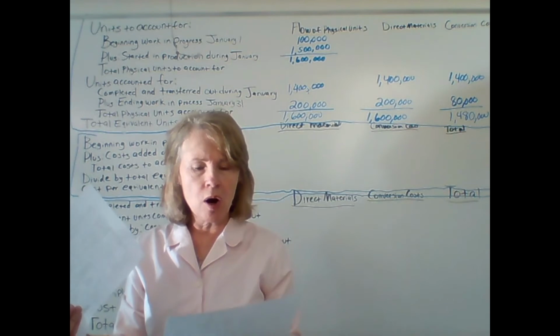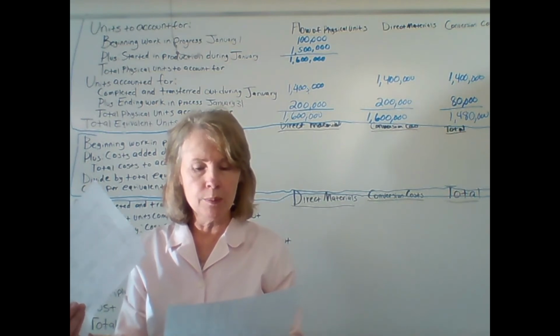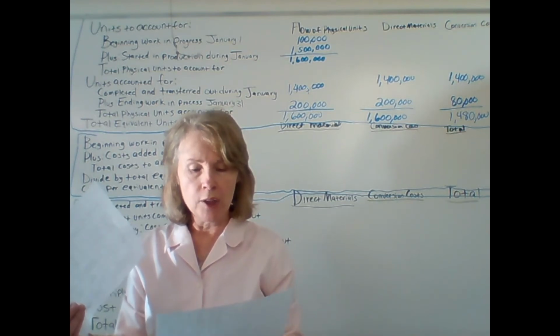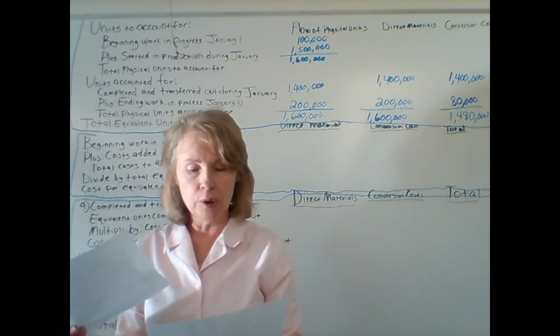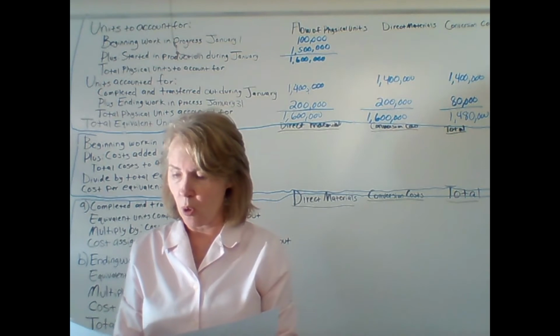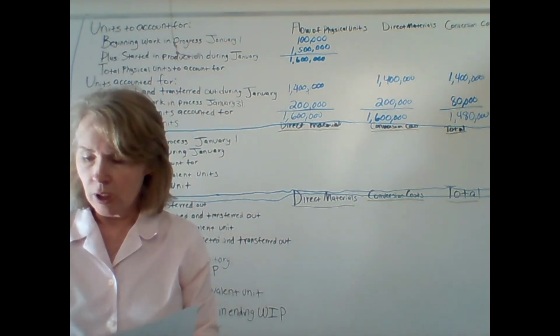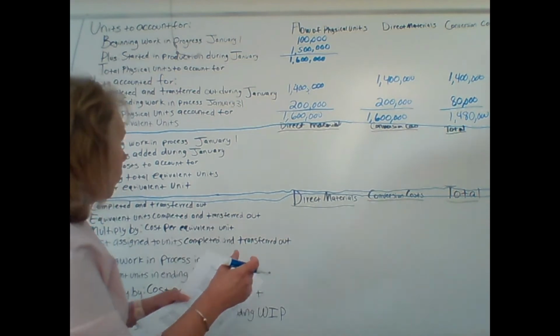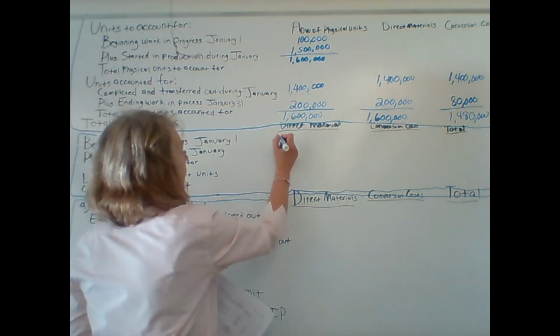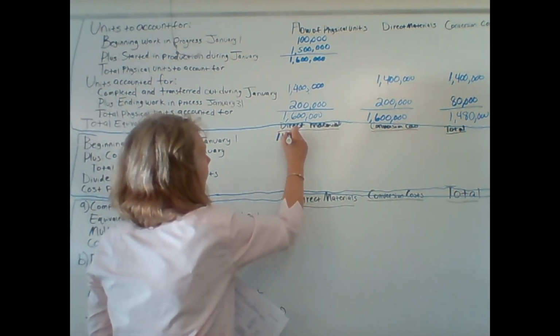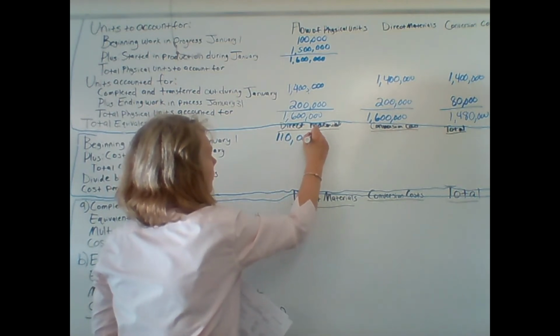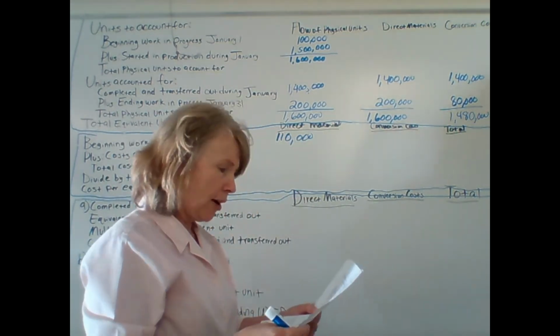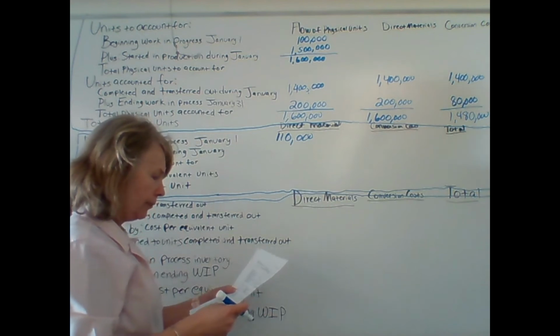Direct materials costs included in beginning work in process were 110,000, and the conversion costs included in work in process were 24,000. And the total is 134,000. So I've got my beginning work in process, which is 110,000. Again, very thankful for my accounting student who has very nice handwriting.